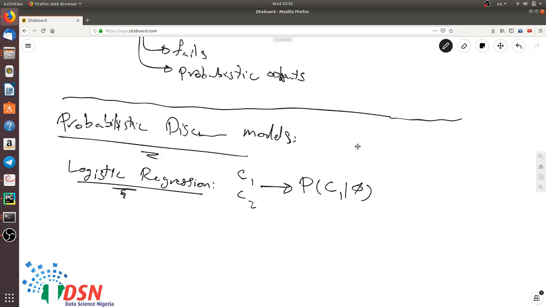As I told you before, when we have X, we could convert it with a transformation phi, and then apply our models on phi directly.